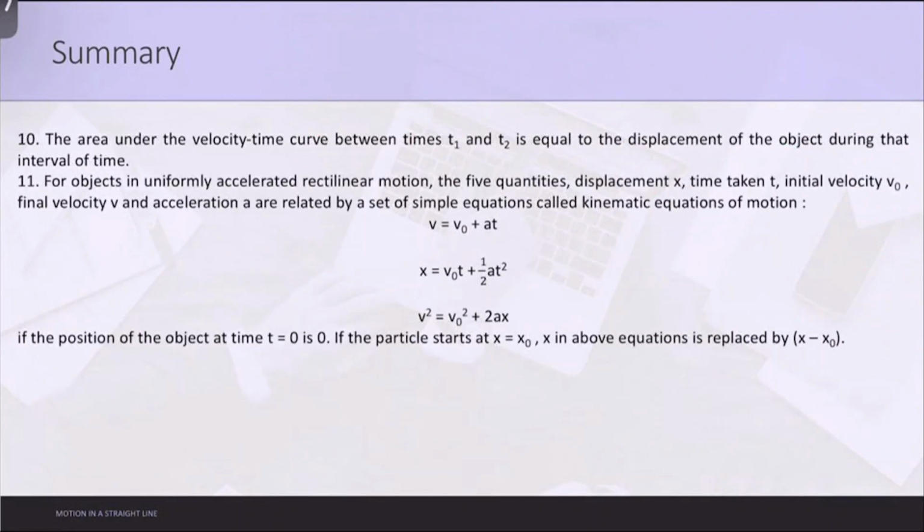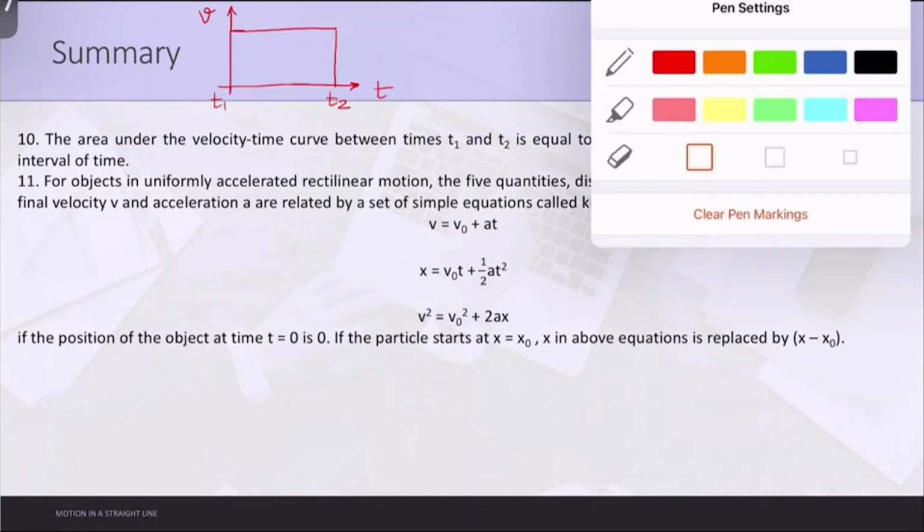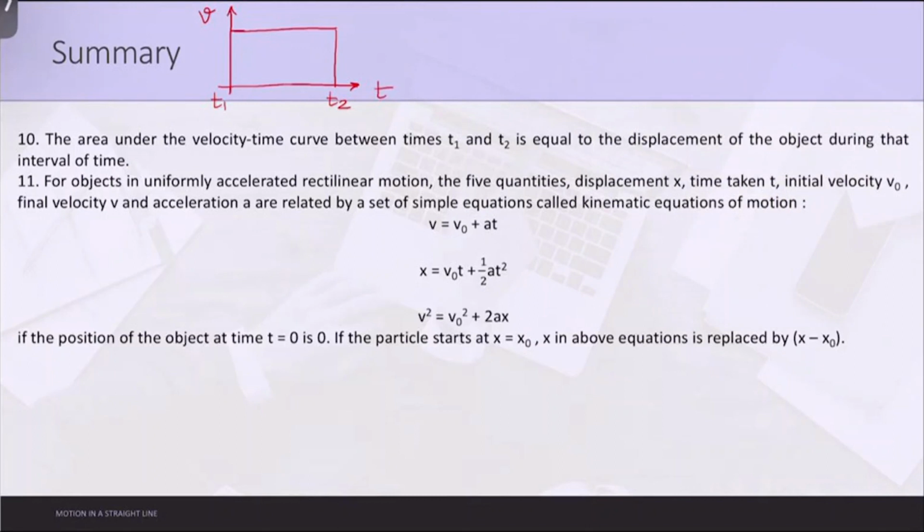The area under the velocity time curve between times t1 and t2 is equal to the displacement of the object during that interval of time. For example, let us say I give you the situation and ask you to calculate the displacement occurring in the time interval t1 to t2. Let's understand the situation in which t1 is 0.